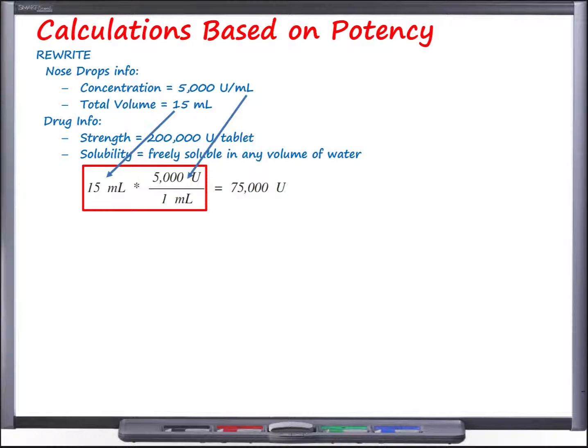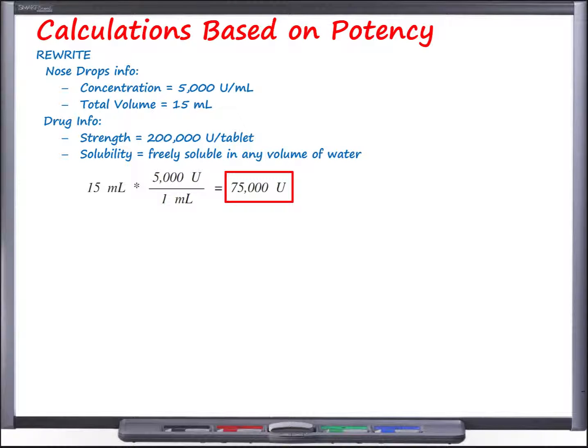So if I multiply that by the desired concentration of 5,000 units per milliliter, we get the total number of units to use in our product: 75,000 units. 75,000 units would make 15 milliliters have 5,000 units per milliliter. So our target to get from our tablets is 75,000 units.